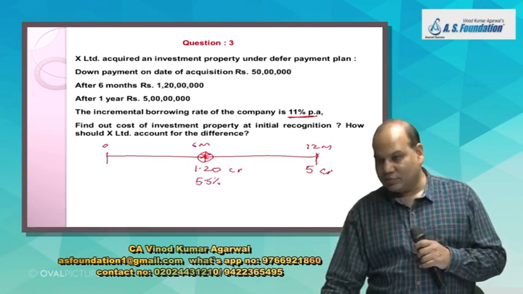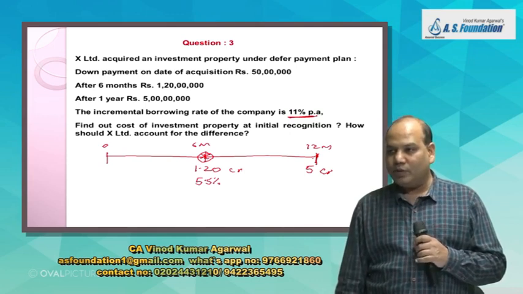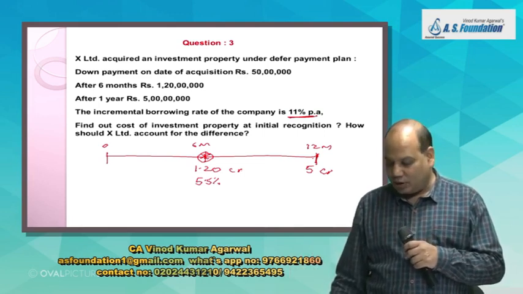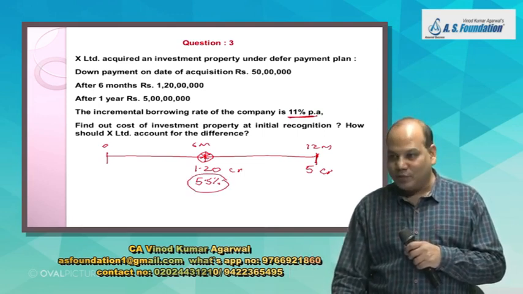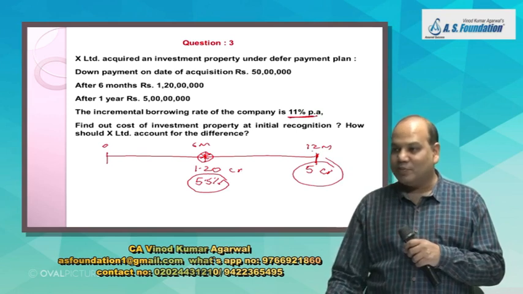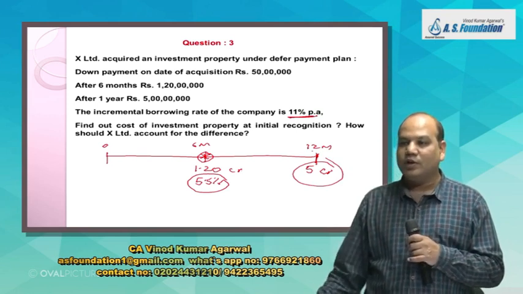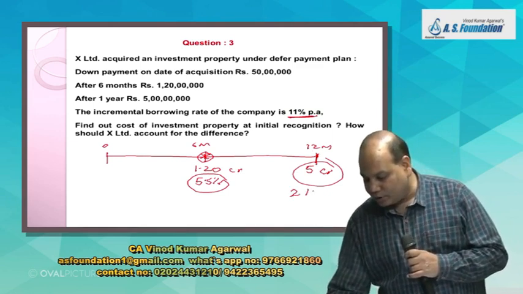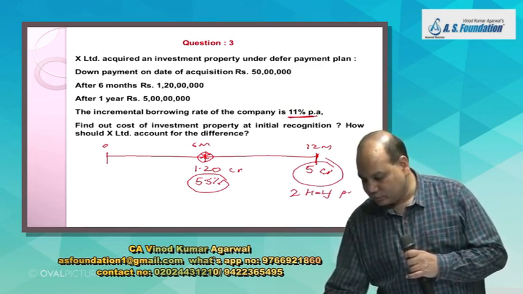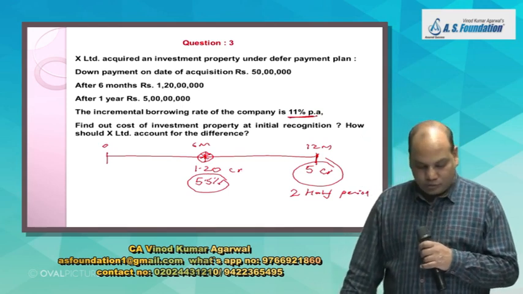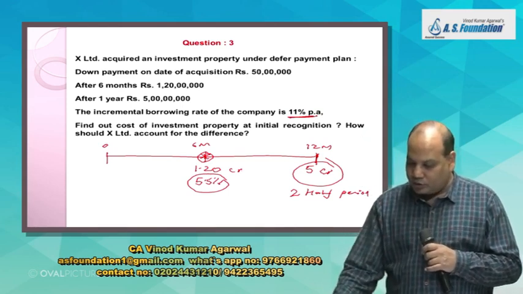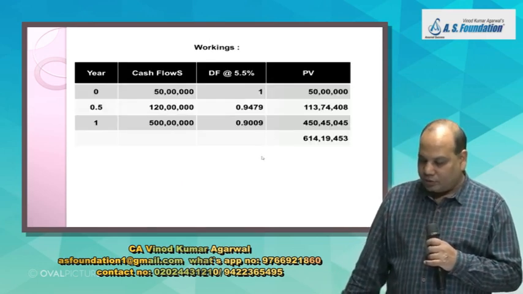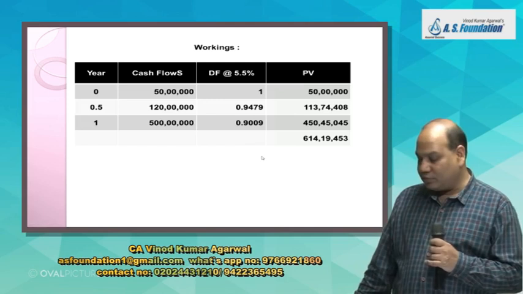And what about this? Again 5.5%, but we'll treat the number of half years as 2. I can't use 5.5% for one cash flow and then 11% for another cash flow. For both I will take 5.5%, but here it will be 2 half periods. Write down, and this you are going to pay now only, so it will be the same. And just check the answer also.